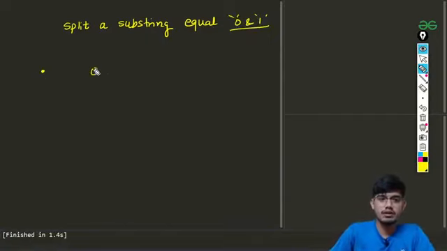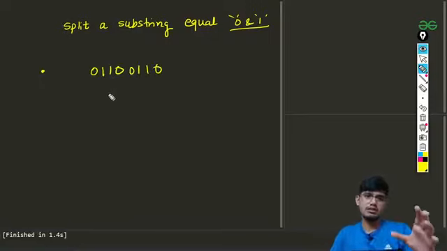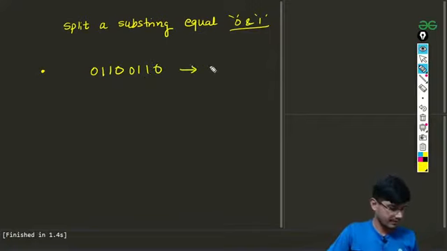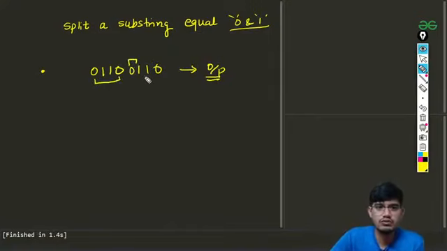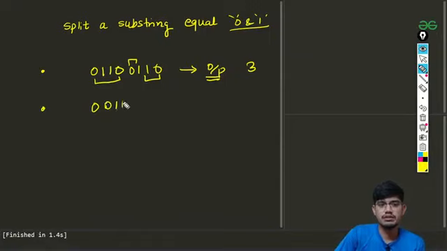For example, if you take an example like this, the output we'll be expecting is 3: this is 1, this is 2, this is 3. Suppose the input string is 0 0 1 1, then the output will be 1.